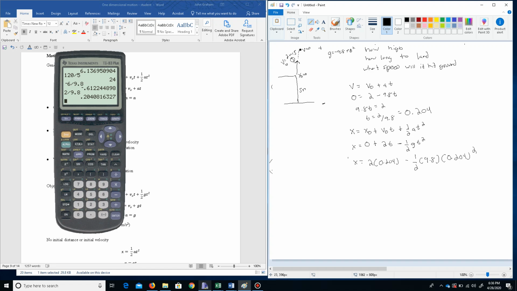So 0.204 times 2, minus 0.5 times 9.8 times 0.204 squared.